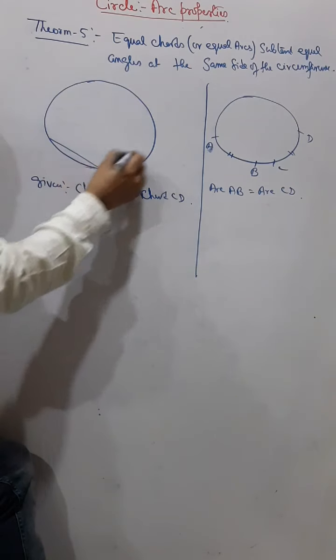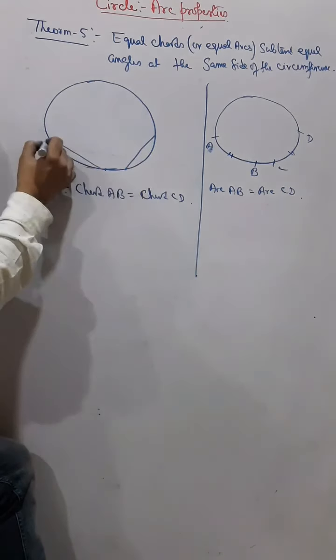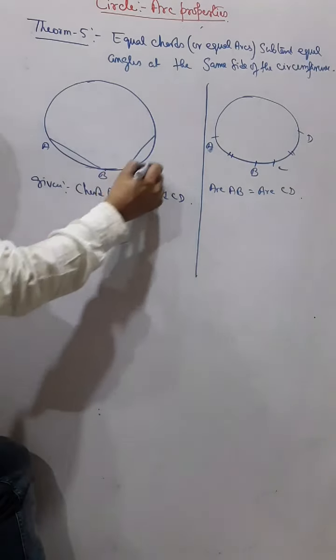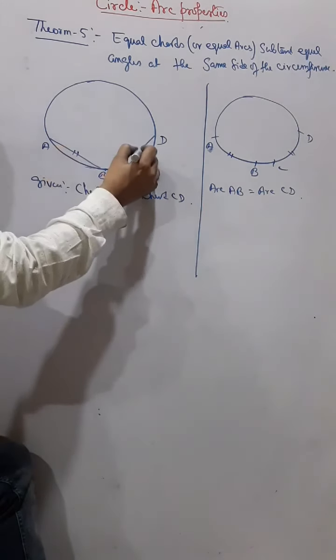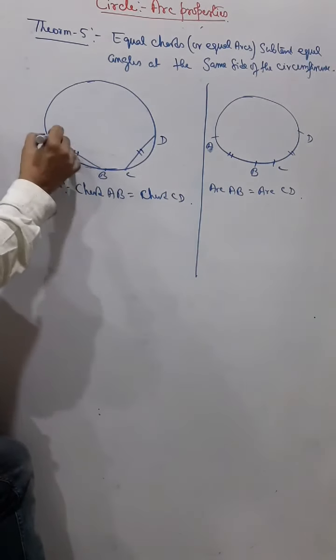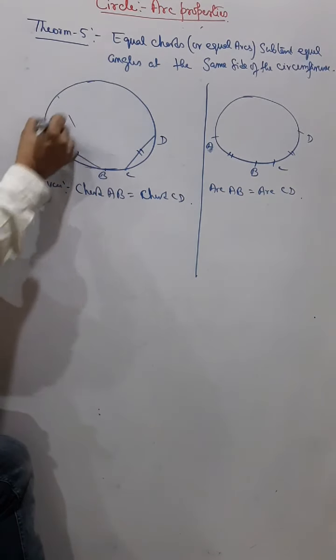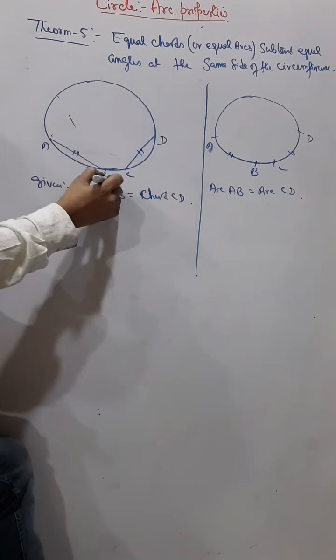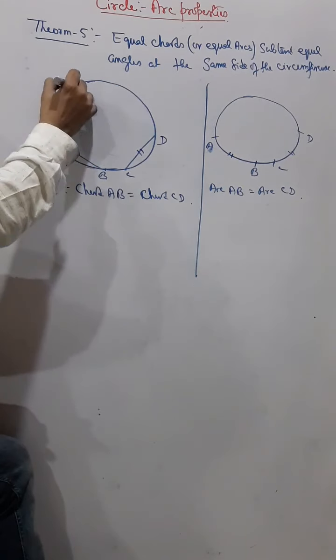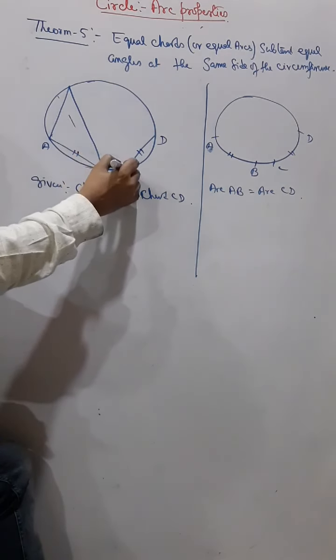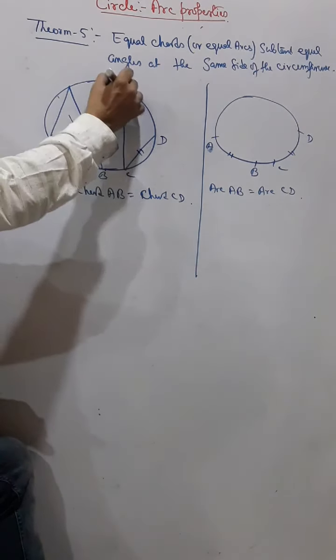So now you can understand this and this. So here AB is equal to CD. Then AB is subtending any angle. Now it can be from like this, it can be like this, but any angle, then that angle will be equal to this angle.